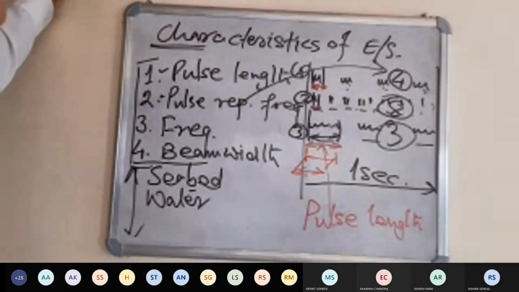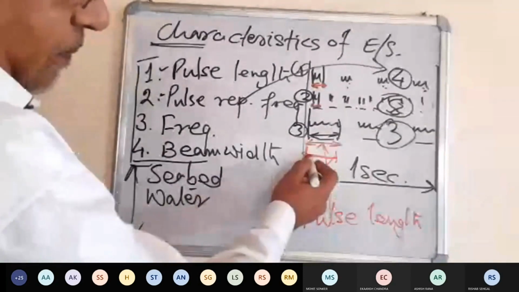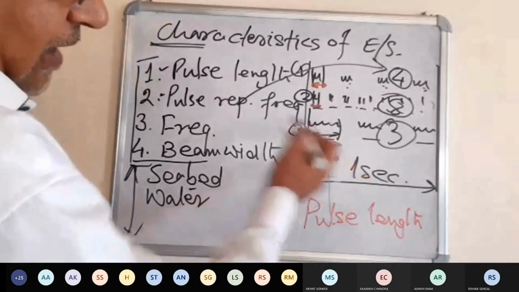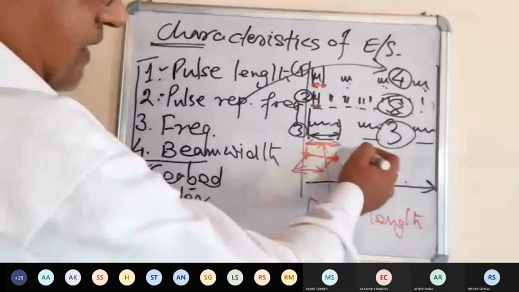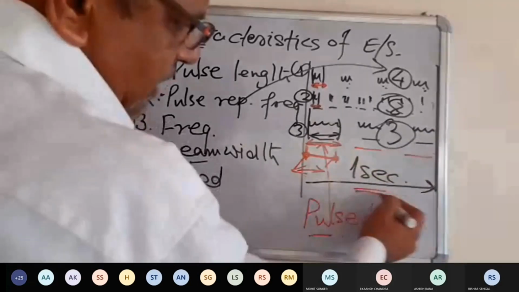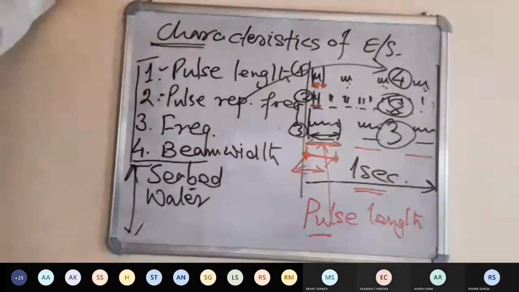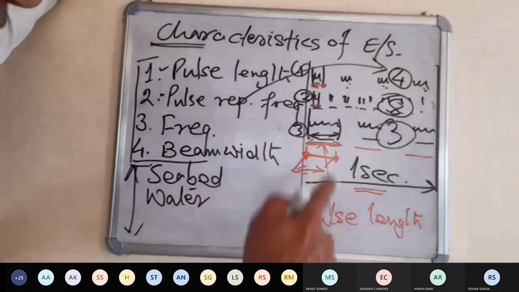It is measured in seconds, milliseconds or microseconds; in the echo sounder case, milliseconds. What is PRF? The number of pulses transmitted in unit time, which is 1 second. So are we clear about what PRF and pulse length are?